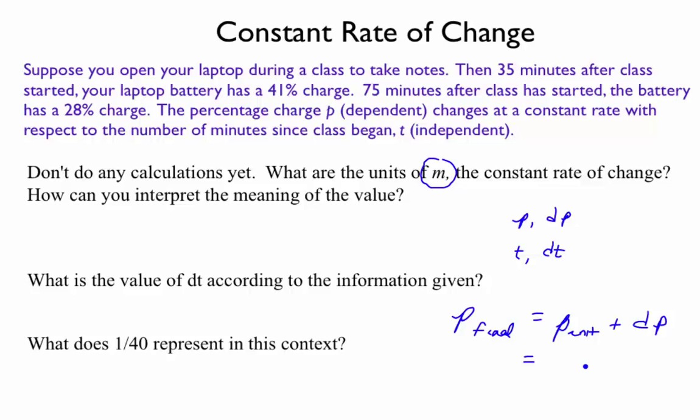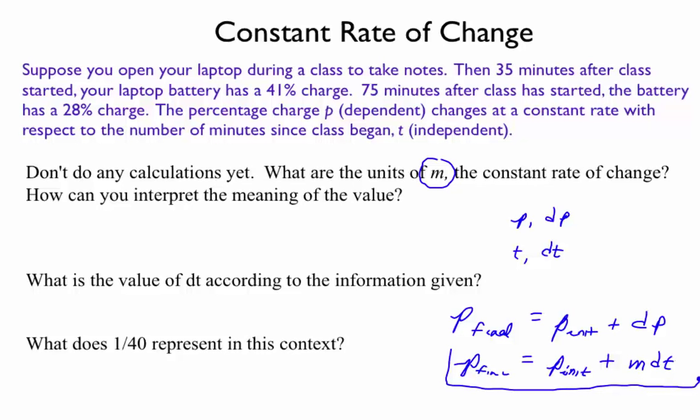Changes in the dependent are a constant multiple. If we have a constant rate of change, which we did here, then any change in p would be a constant multiple times the change in t. So it would be p initial plus m dt. So this was the notation we should have been using when we were making that graph.